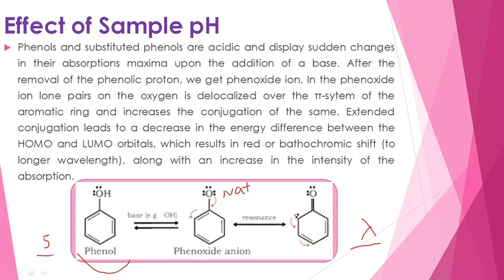So from pH 5 to 7, on increasing the pH value, what are you finding? An increase in lambda max. So we are interpreting the statement that on increasing the pH, you find an increase in lambda max, that is, a bathochromic shift. So the conversion of phenol to phenoxide exhibits a bathochromic shift due to the increase of pH.